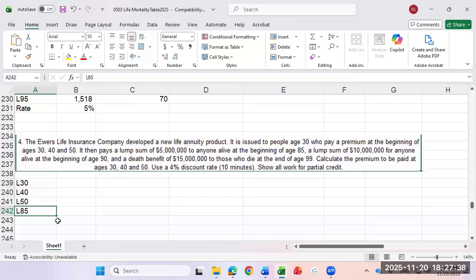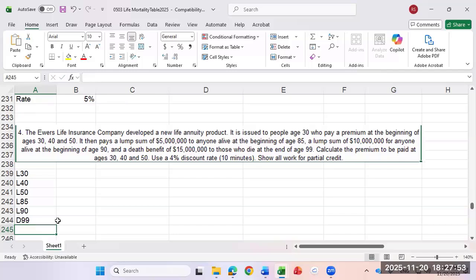It gives a lump sum of $10 million to anyone alive at age 90. And it gives a death benefit at the very end, to whoever dies at the end. So essentially they're saying, if you're alive at 90, you'll get 15 million bucks.